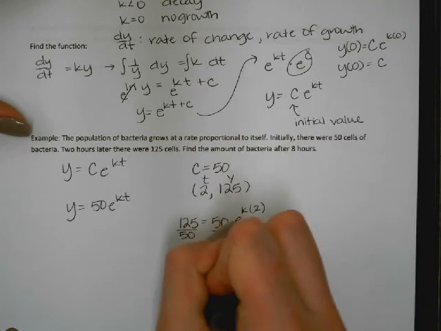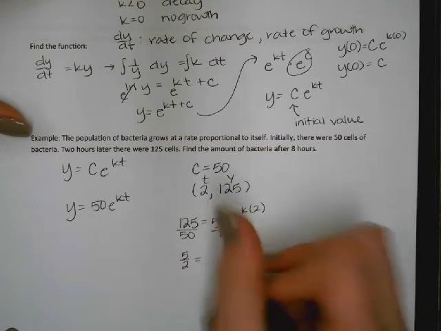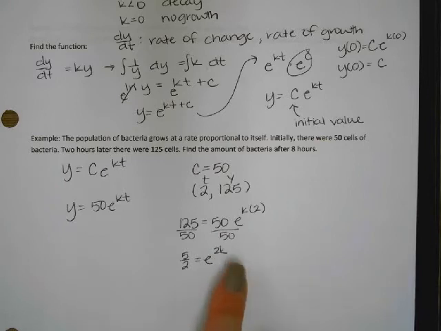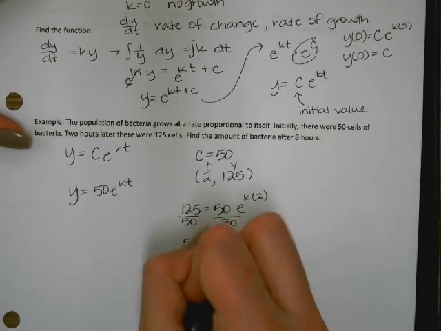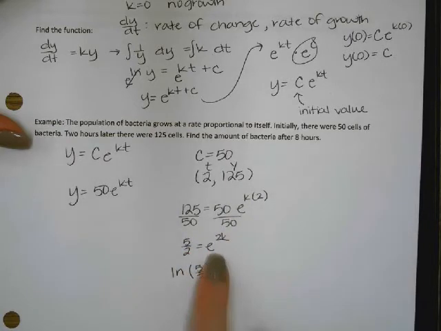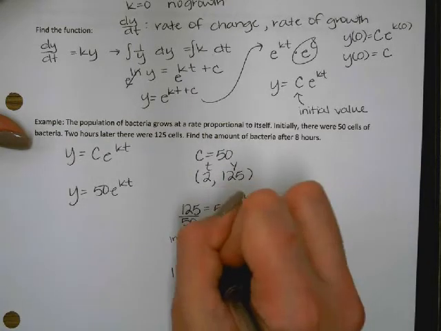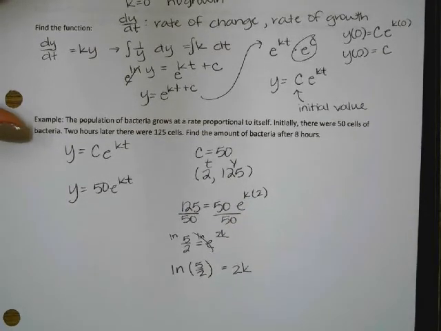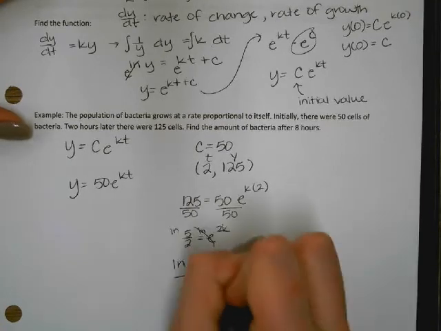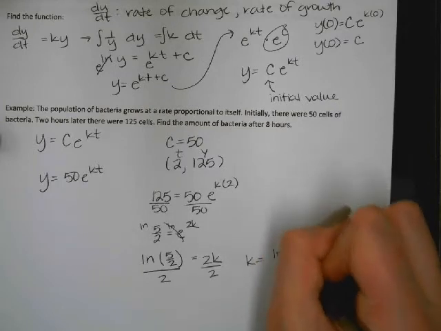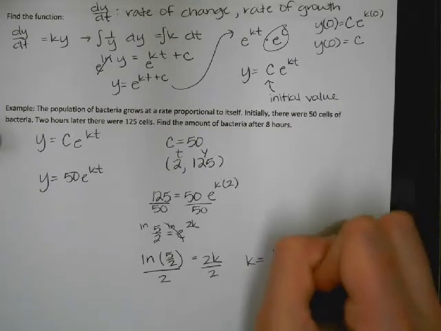I'm going to leave it as 5 over 2 equals e to the 2k. And then for me to get the k isolated, I'm going to ln each side. So I'm going to say ln of 5 over 2 equals ln of e to the 2k. And those cancel, so that equals 2k. And then I'm going to divide by 2. So I'm going to say that k equals ln of 5 halves over 2.